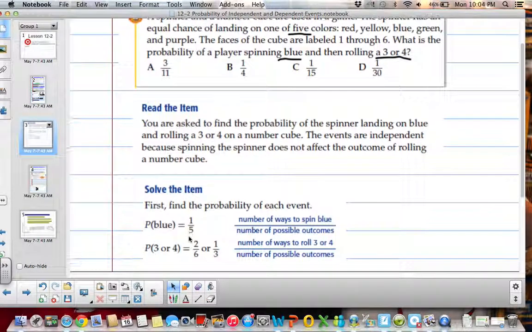The probability of getting 3 or 4: there's 6 faces on the cube, so that's why 6 is on the bottom. 3 or 4, so there are 2 options. 3 is 1 and 4 is 1. So that's 2/6 simplified down to 1/3.